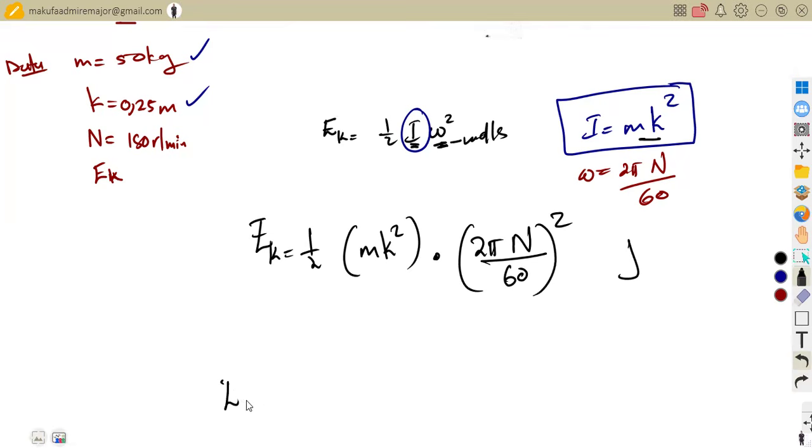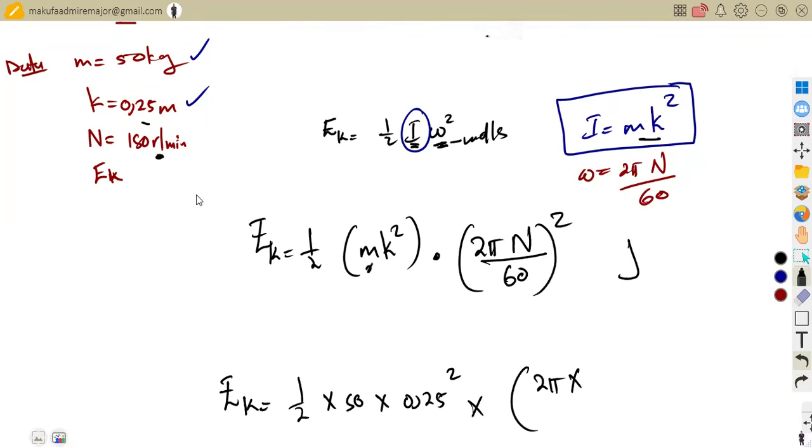With this formula, we can substitute because we've got everything. That is half times the mass, which is 50 kilograms. The radius is given as 0.25, so that's 0.25 squared, times a bracket of 2 times pi times n, the speed in revolutions per minute. Remember, this was 150, everything over 60, squared.